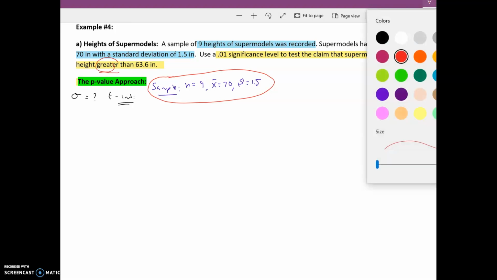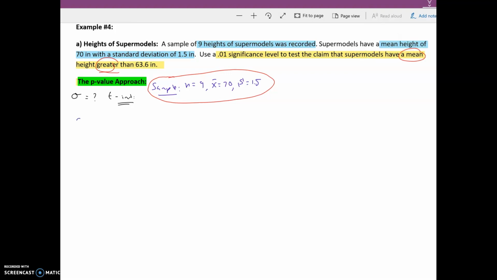So let me just rewrite it as the actual claim. In this case, mu is greater than 63.6 inches. And the next portion is H0 and HA.